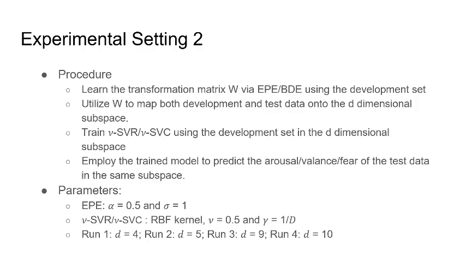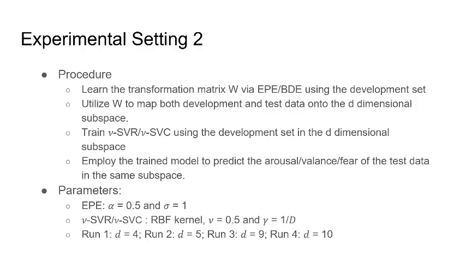And then we utilize the learned W to map both the development set and the test set data onto the subspace. And after that, we train the SVC and SVR by using the development set in the subspace. And finally, we employ the trained SVC and SVR models to predict the arousal, valence, and fear of the test data in the same subspace.